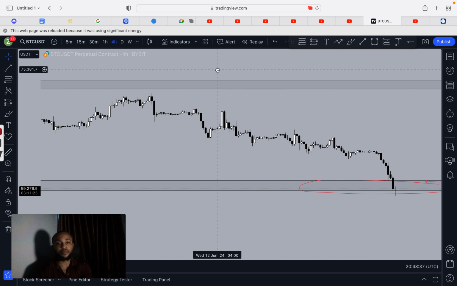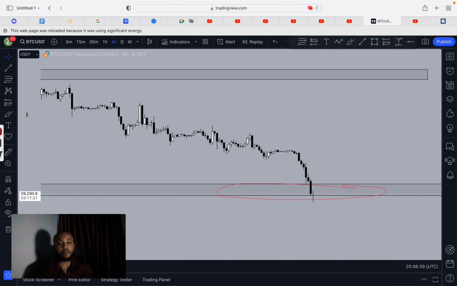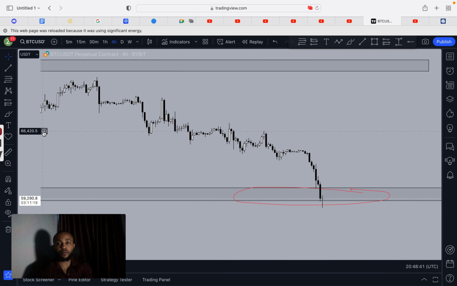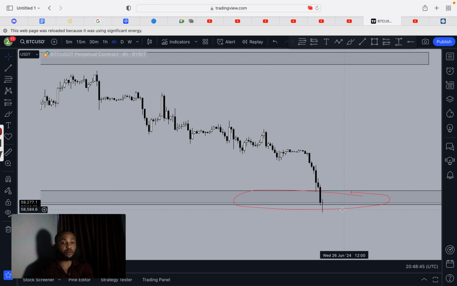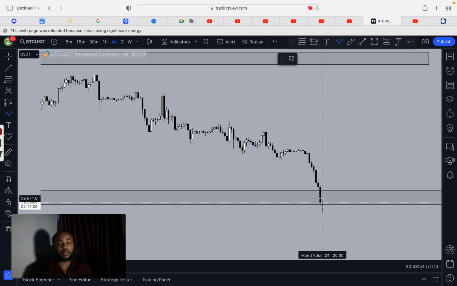Right now nothing is really developing. Nothing is developing at the moment. What I want to see now is, from this support, let's say we can start something like this: a break and retest from this support level here.